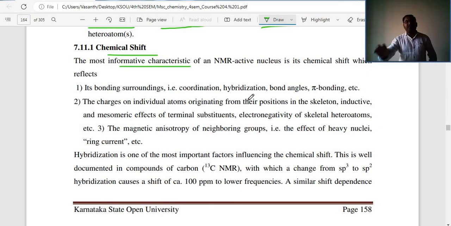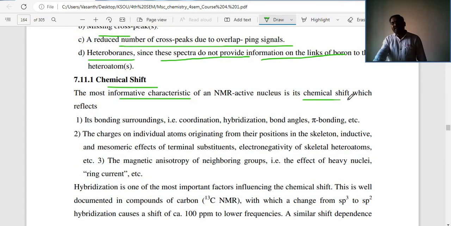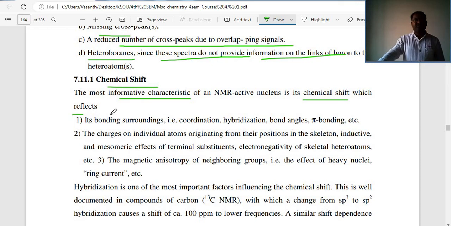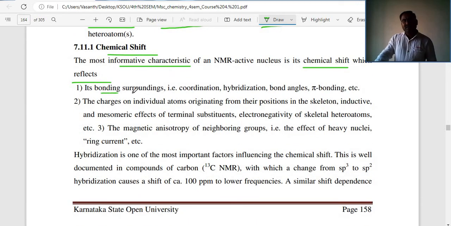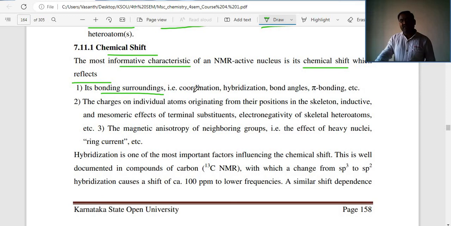The most informative characteristic of an NMR active nucleus is its chemical shift, which reflects its bonding surroundings, coordination, hybridization, bond angles, and pi bonding.